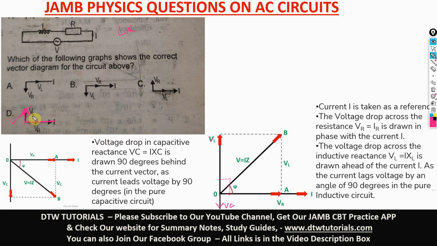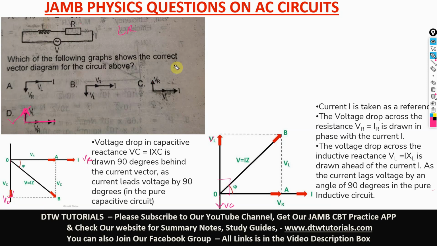While in a capacitive circuit, the current leads by 90 degrees. In a capacitor, as I said earlier, current leads by 90 degrees. So we now have our arrow down here. That's for a capacitor drawing. You see your VC here and your VR here.